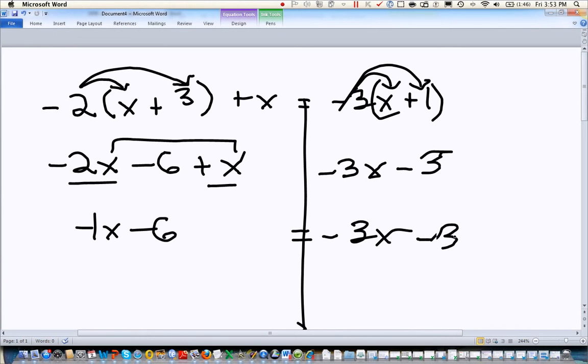Alright, the next thing I want to do is gather all my x's onto one side. I'm going to take these negative 3x's and combine them over with my negative 1x. I'm going to do that by adding 3x to both sides. 3 minus 1 gives me 2x.